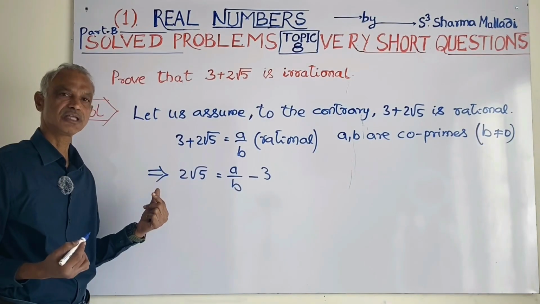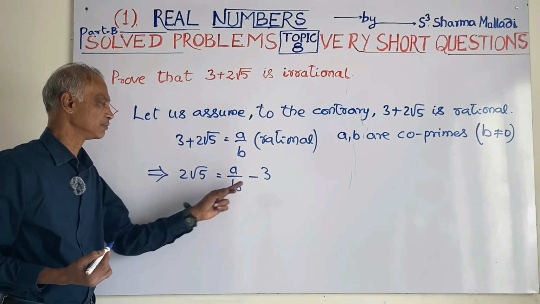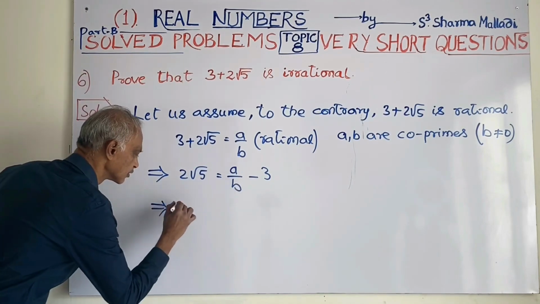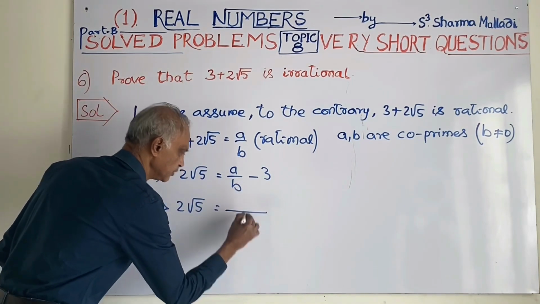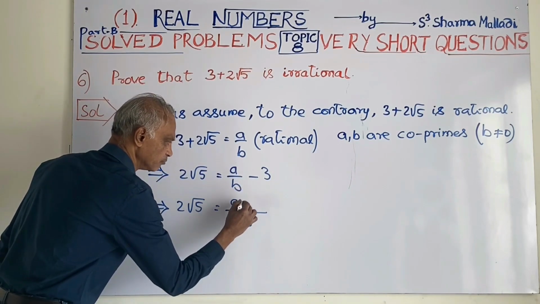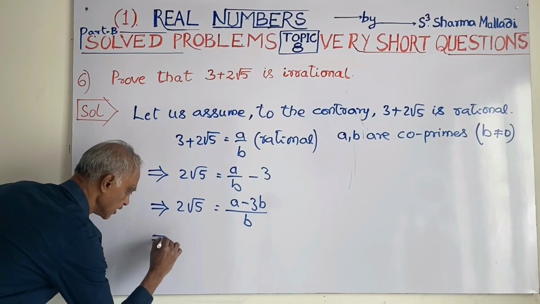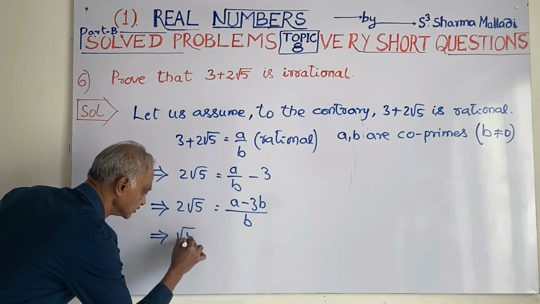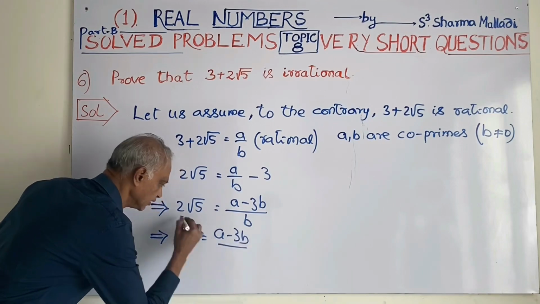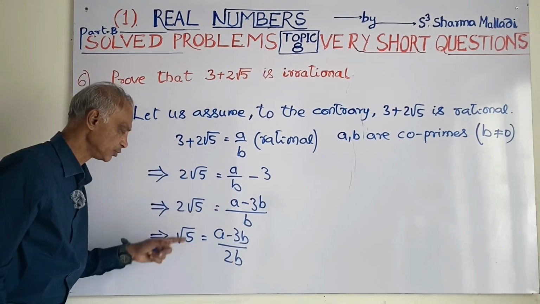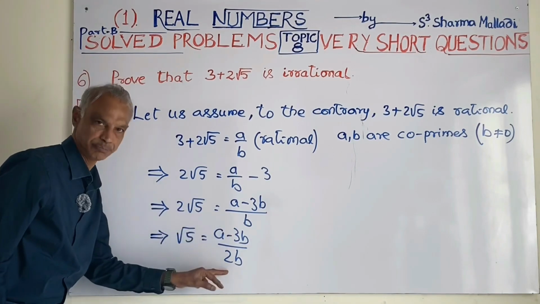Rearranging the equation, 2 root 5 is equal to a by b minus 3. Take LCM, this is (a minus 3b) by b. This can be written as root 5 is equal to (a minus 3b) by 2b.